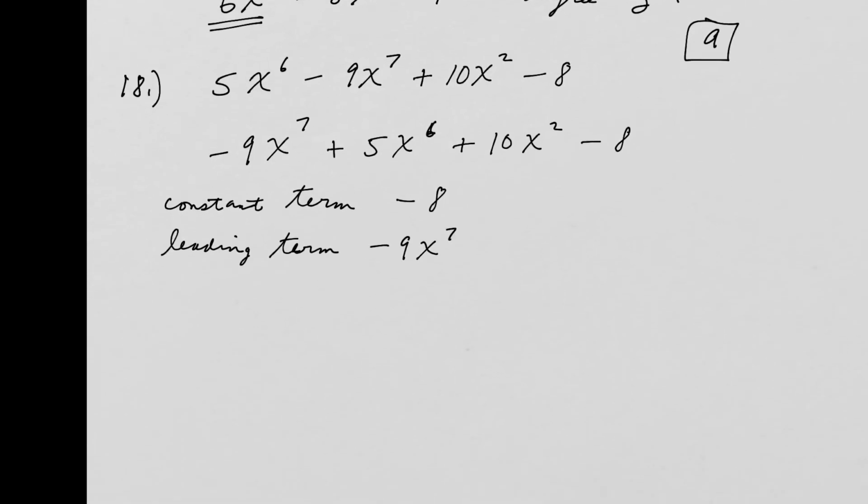And then they want the leading coefficient, which is the coefficient of the leading term. So that's just negative 9, right? If this is the leading term, then the coefficient of that term is negative 9. So it looks like in this case, for 18, it's going to be A again, right? So negative 8, negative 9x to the 7th, and negative 9. Yeah, so it's going to be A.